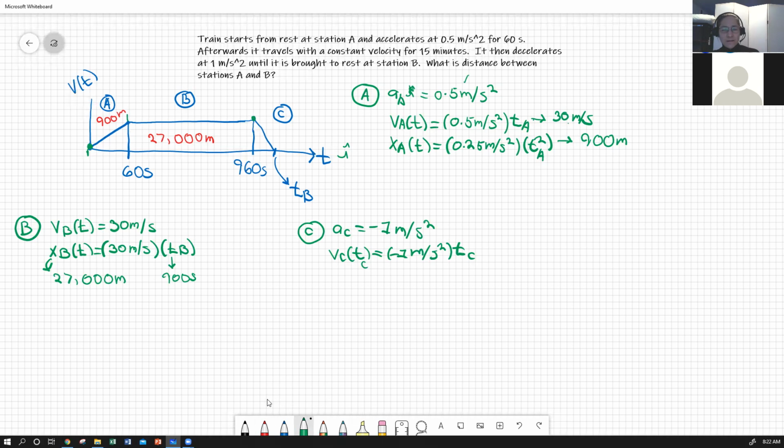So we're going to say 900 seconds total elapsed. I'll say t sub C equals 0. It's V sub C initial within region C here.